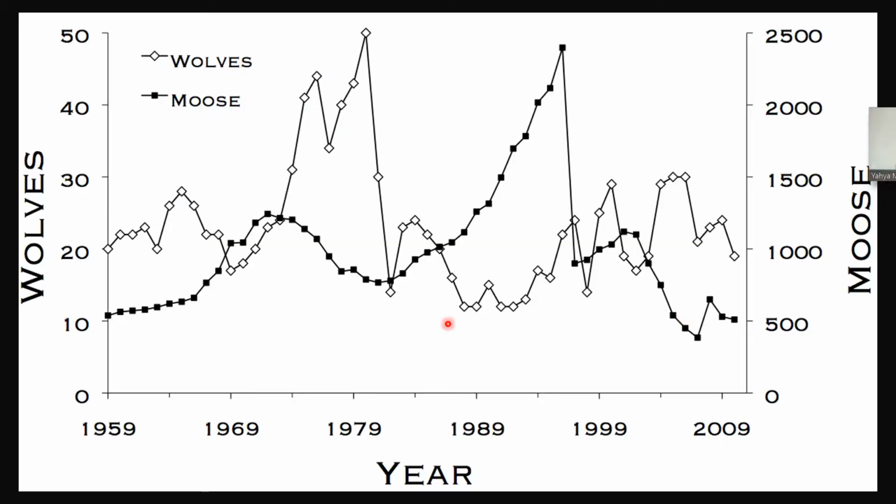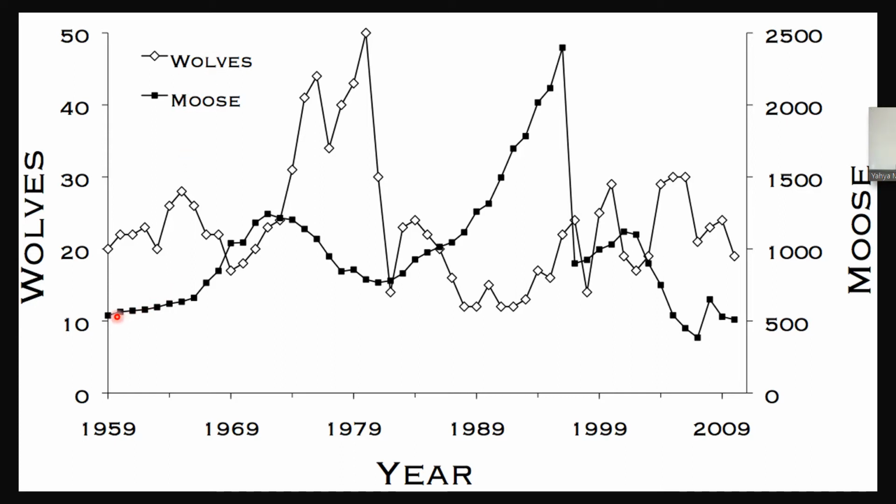So this right here is showing you there are different reasons why the population can go up and down. But if you take a look at this, there's one pattern that you can see in this area a little bit. For example, here's the number of wolves. You notice that when the population of moose goes up, the population of wolves also goes up.